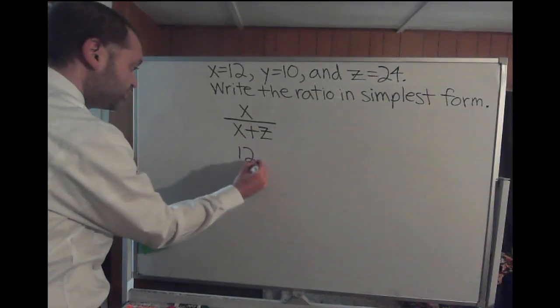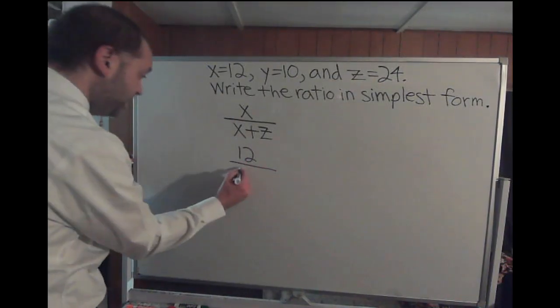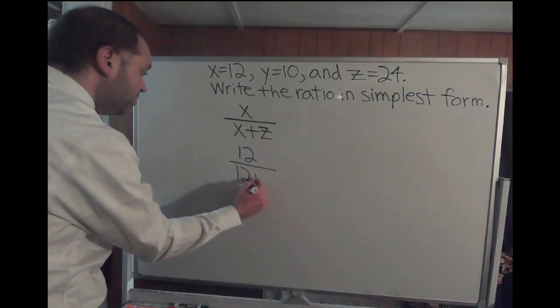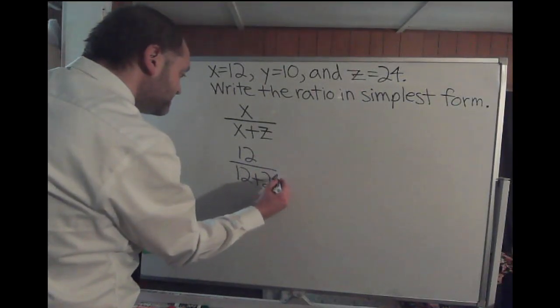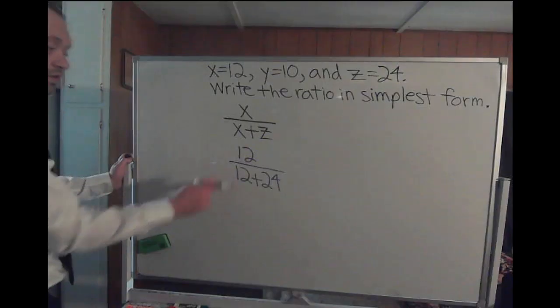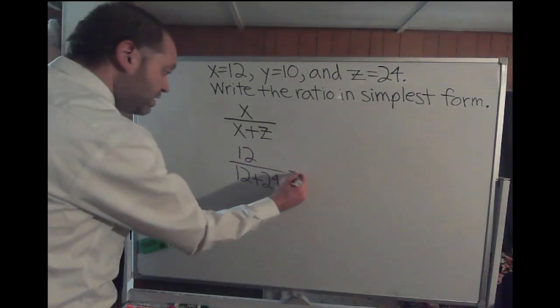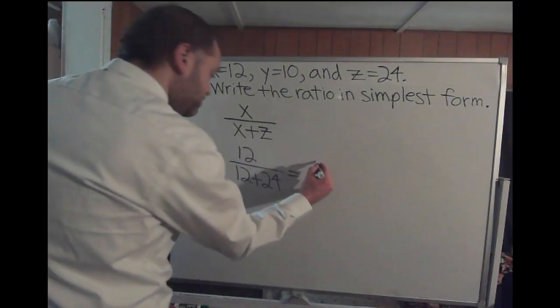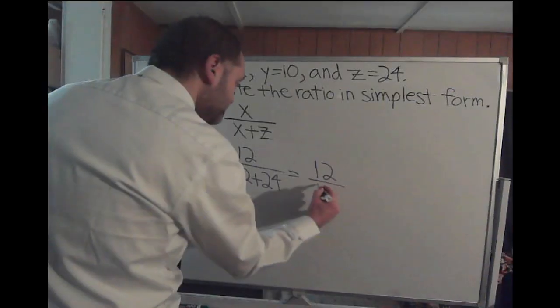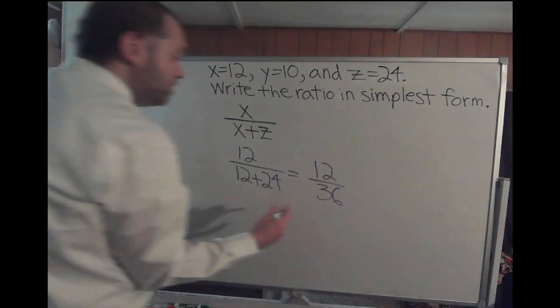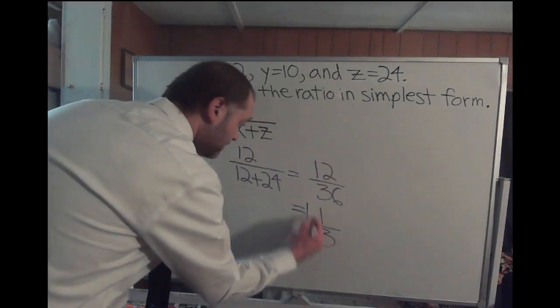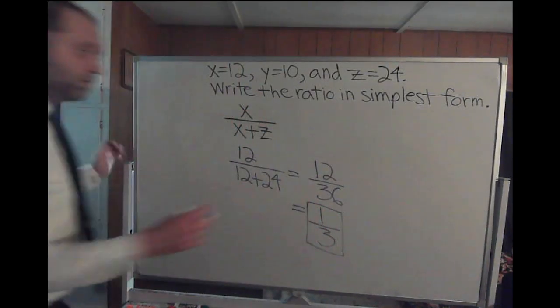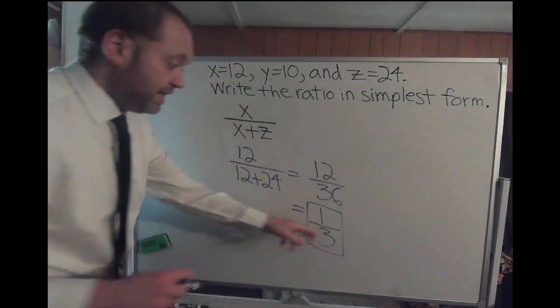This will be written as 12 all over x again, which is 12 plus your z, which is 24. So this is the ratio of 12 all over 12 plus 24, which equals 12 all over 36, which we know would reduce to a ratio of 1 to 3. So the ratio we're looking for in this case would be 1 to 3.